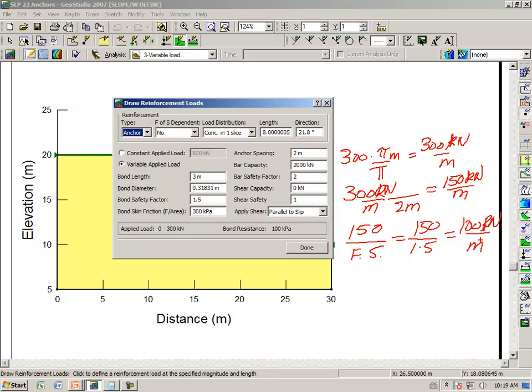So depending on where the slip surface is located, we have 100 times an available 3 meters, so the maximum bond we can get is 300 kilonewtons. Now, depending on where the slip surface is, the available pull-out is between 0 and 300 kilonewtons.